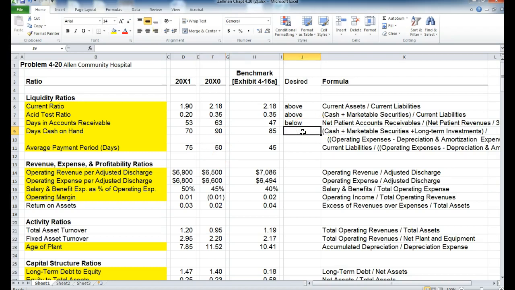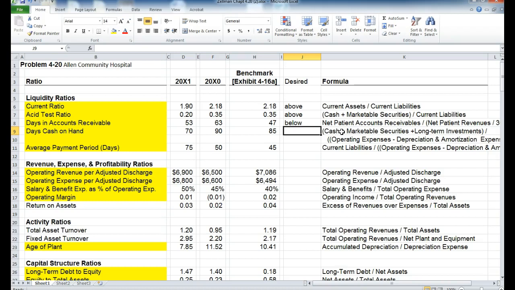Next we look at cash, or days cash on hand. The thing to remember when you're doing your calculation is that we always include cash plus marketable securities plus long-term investments or board designated funds. In many nonprofit entities, we'll call their investments board designated funds. So in this one, think about it. Would you rather have more cash on hand or less cash on hand?